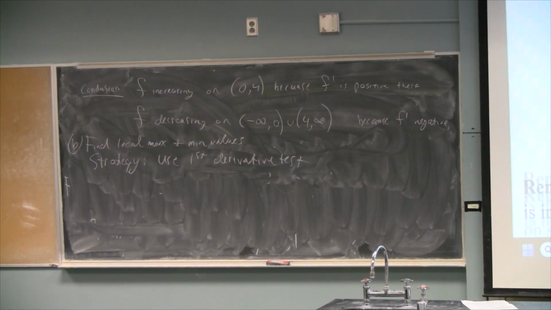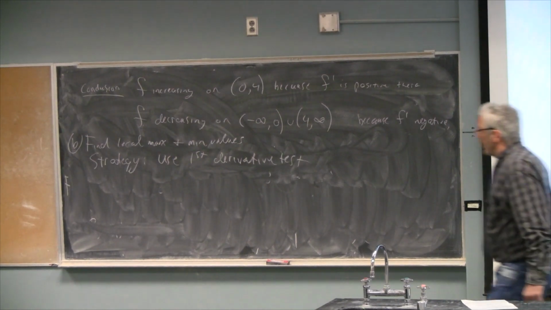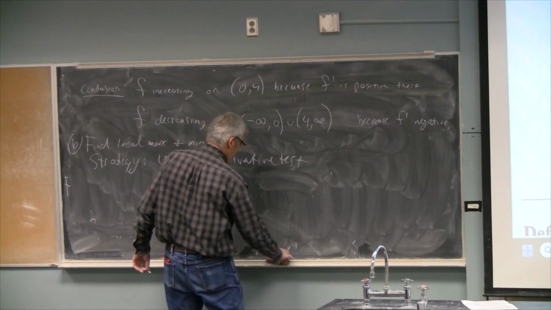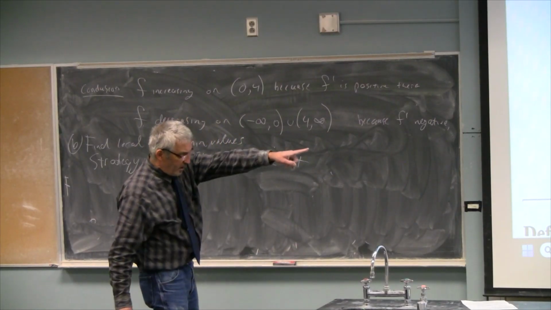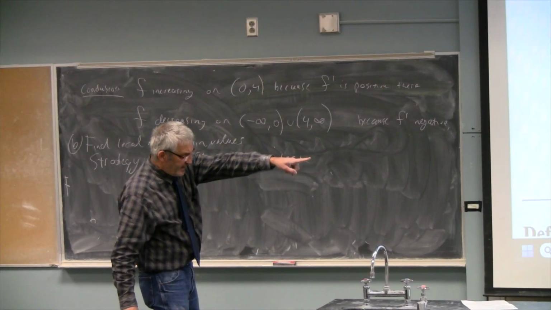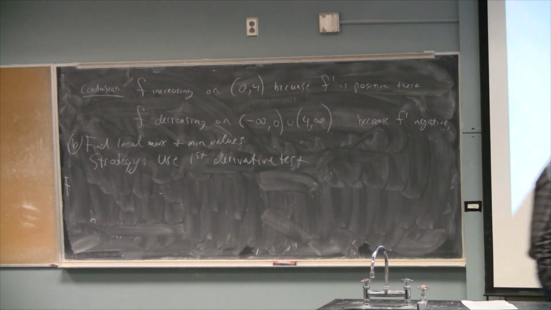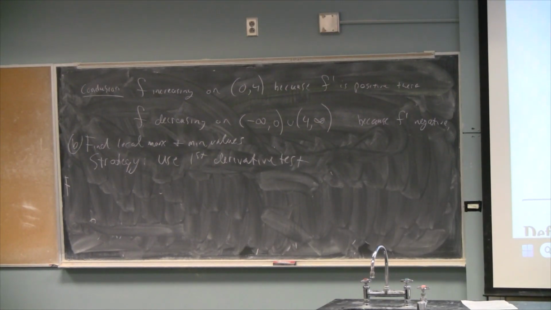It says that if f prime changes from positive to negative at some x value, then there's a local max there. If f prime changes from negative to positive, then there's a local min there. So if you look at our chart over there, you can see at x equals 4, f prime changes from positive to negative. So that tells us that f has a local max.